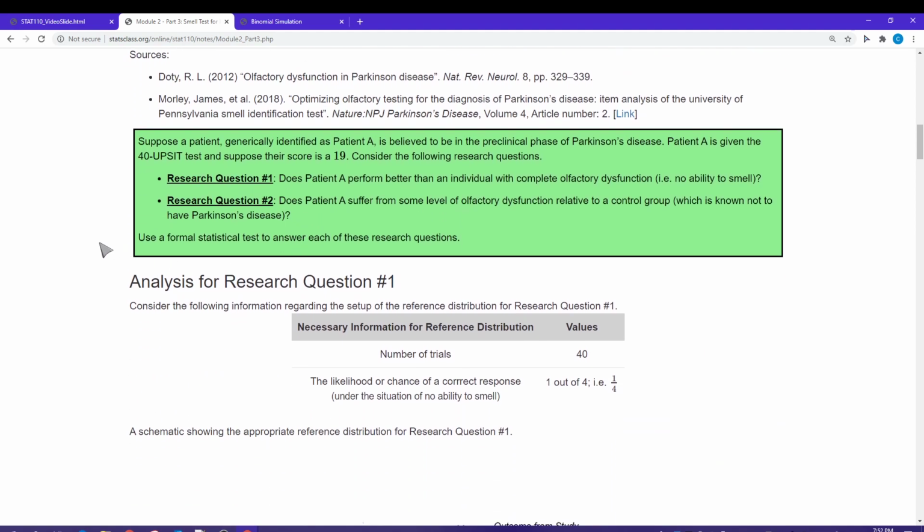Okay, let's consider 2 research questions here. Suppose we have a patient, let's generically identify them as patient A, who is believed to be in the preclinical phase of Parkinson's disease. Patient A is given this smell test, and let us suppose that their score is a 19. We're going to answer the following questions.